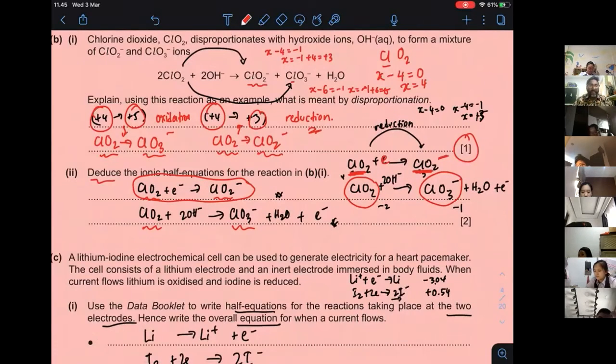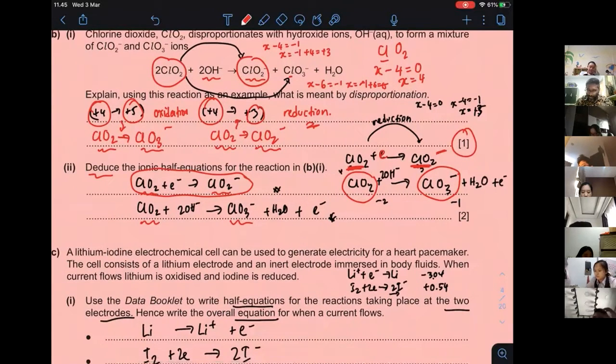When they say deduce, you see this reaction automatically changing into this. Another reaction involves OH, which means ClO2 is reacting with OH. Don't go and simply put ClO2, ClO3, so here must have water. Don't do that. Cannot just directly use the one that we always use.